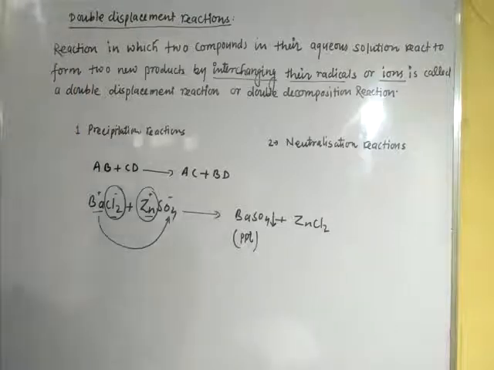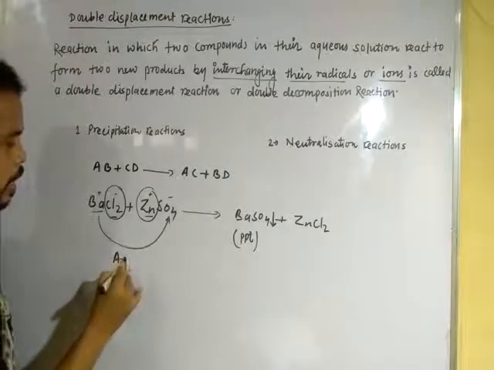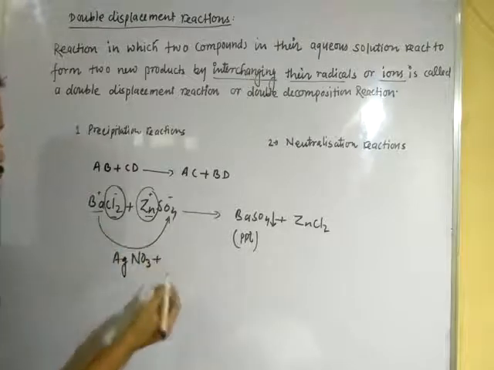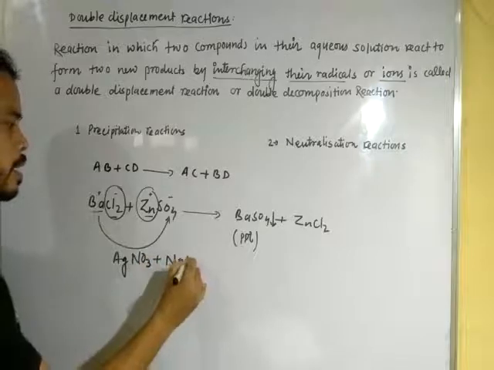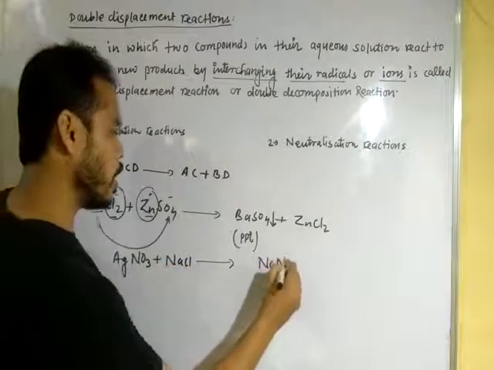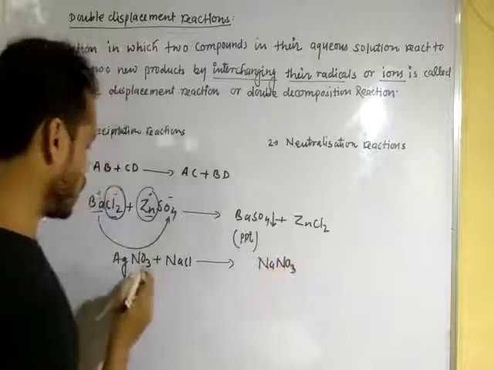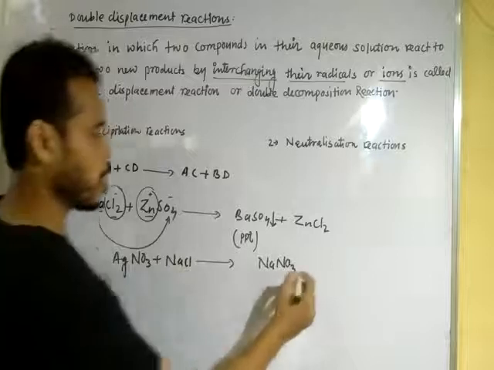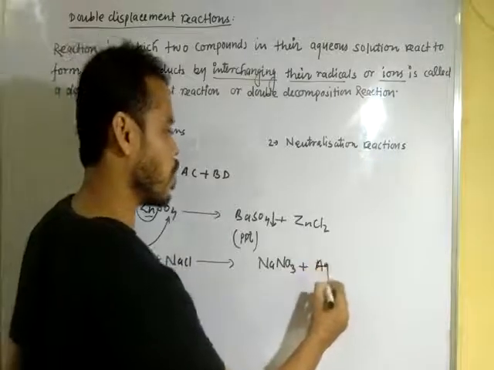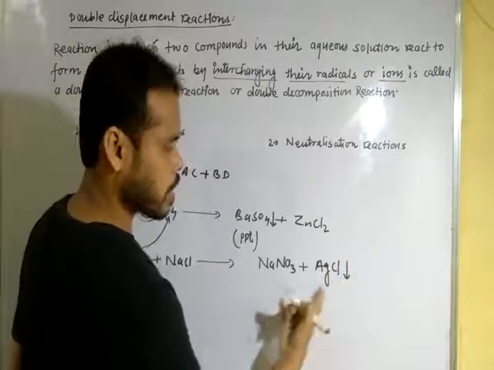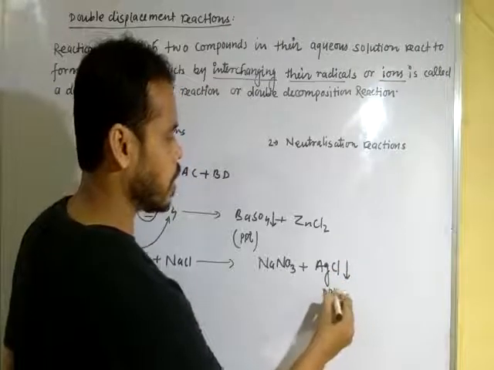Now another example, when silver nitrate, AgNO3, reacts with sodium chloride, NaCl, it forms sodium nitrate, NaNO3, and silver chloride, AgCl, a white precipitate. This is the precipitation form, PPT form.